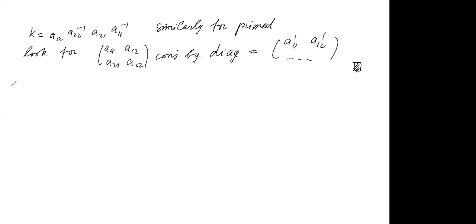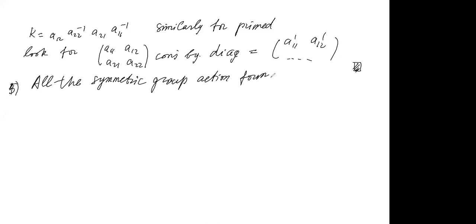And the final, probably more interesting property of this cross ratio, is it 4 or 5, I don't remember, is that actually all the symmetric group action formulas are preserved modulo some modification, are modified in a suitable way.